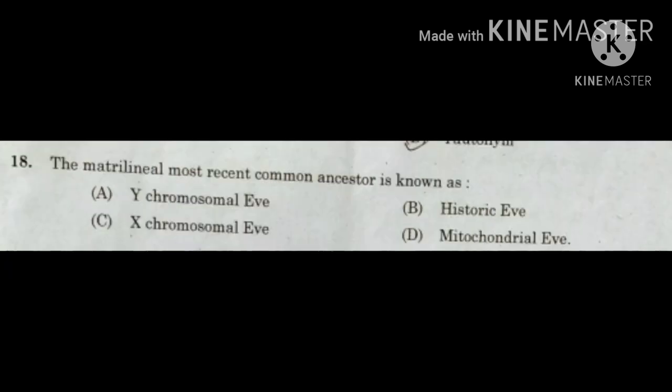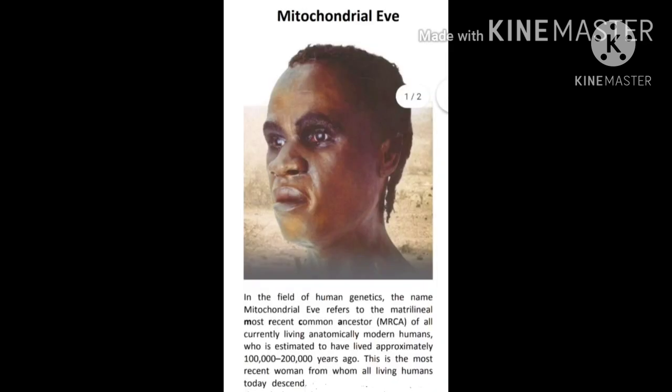Okay, the next question: the matrilineal most recent common ancestor is known as option A, Y chromosomal Eve, option B, historic Eve, option C, X chromosomal Eve, and option D, mitochondrial Eve. In the field of human genetics, the name mitochondrial Eve refers to the matrilineal most recent common ancestor of all currently living anatomically modern humans, who is estimated to have lived approximately 100,000 to 200,000 years ago.